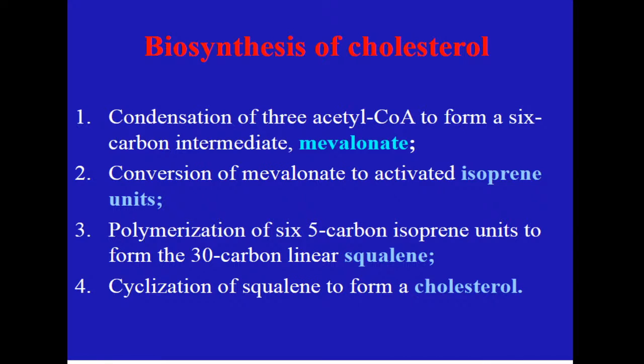This is not necessary to learn with the formulas because it's a very hard task to write a 30 carbon sequence. This you need to know only in words and look at the picture to remember the view of the process. But mevalonate formation you must know with reactions.